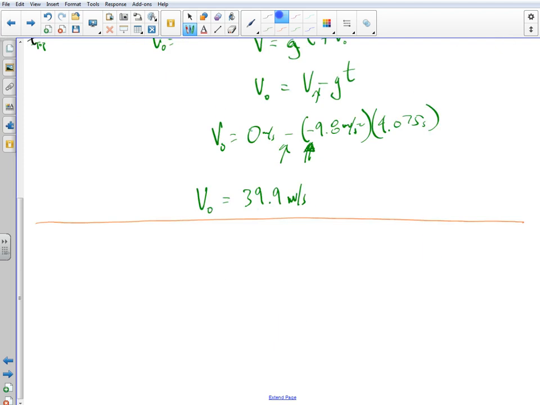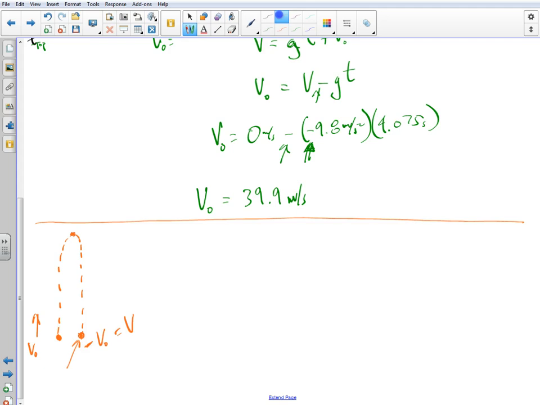So one of the things I know in this situation is that when I throw the object upward or launch it upward, and when it comes back down, if we ignore air resistance, whatever VO was in the beginning, it's going to be the opposite sign, but the same magnitude on the way down. So in other words, the V final, when it gets to this point, I'm not worried about the top point.